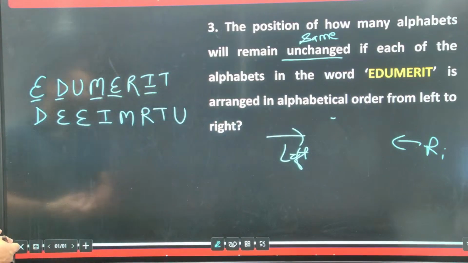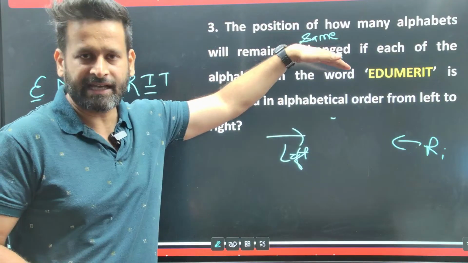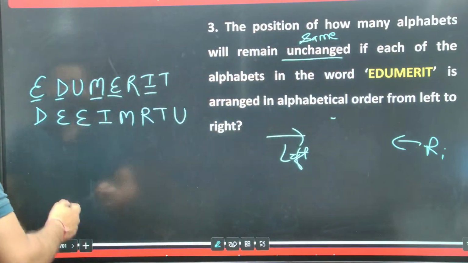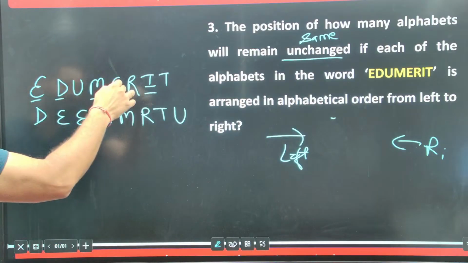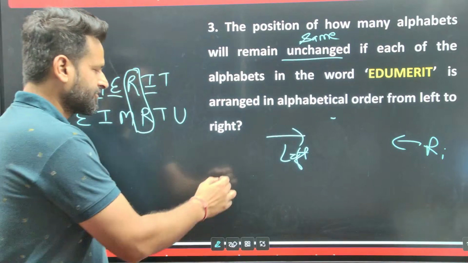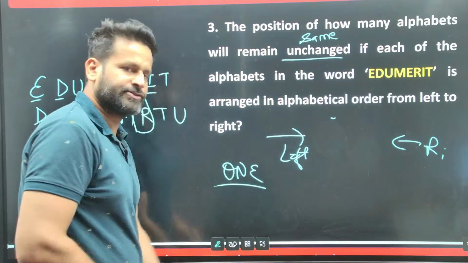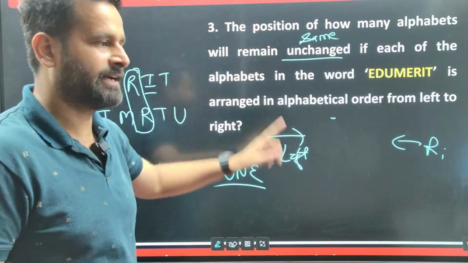Now the target was the position of how many alphabets will remain unchanged. Unchanged means same. The place of E has changed. Only R is at its original place. So the answer to this question will be 1. There is only one letter whose place is unchanged. I hope this was clear.